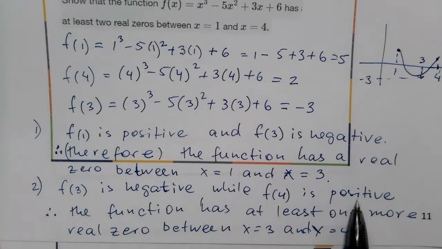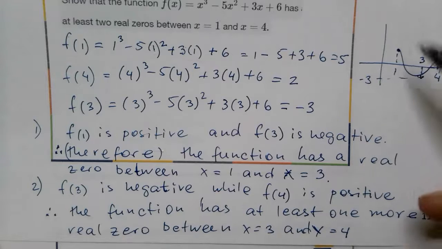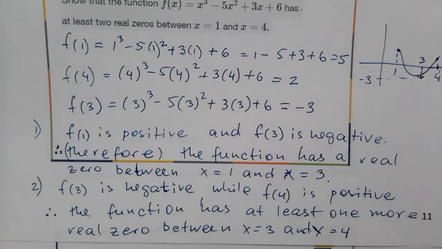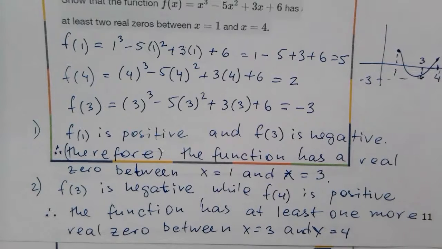Again, different signs. Therefore, the function has at least one more real 0 between x equals 3 and x equals 4. We can never be sure that it's only one because the function could actually cross the x-axis several times. But we know that there is at least one real 0 there.